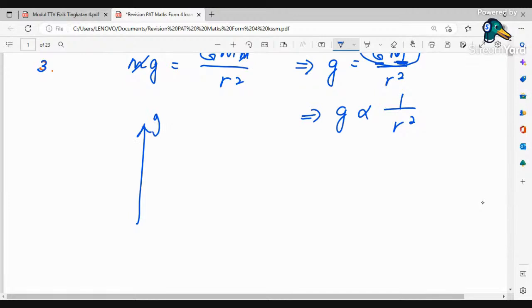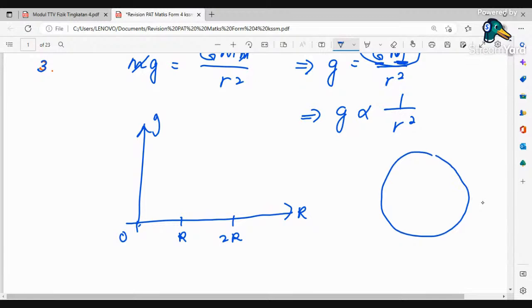We have this graph, g against r. Here, radius of the Earth to r. Okay, from 0 to radius of the Earth. This is Earth, this is radius of the Earth, mean at here is 0.